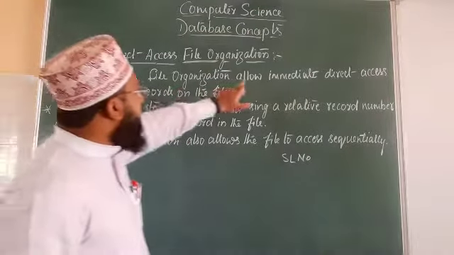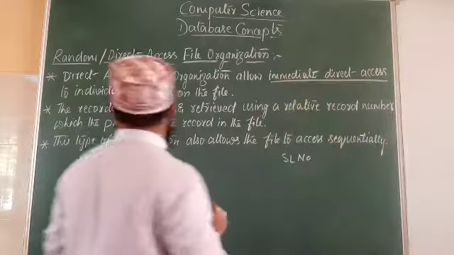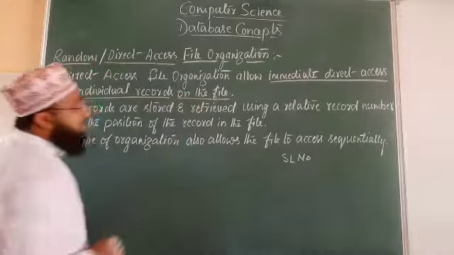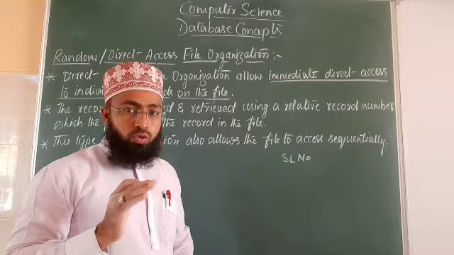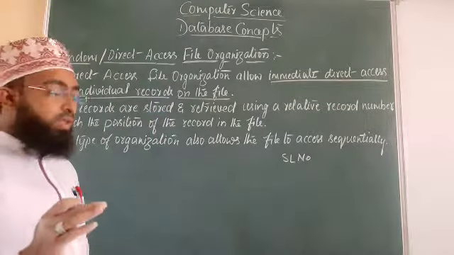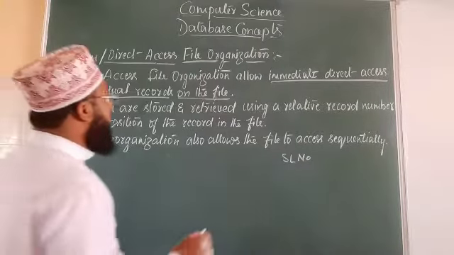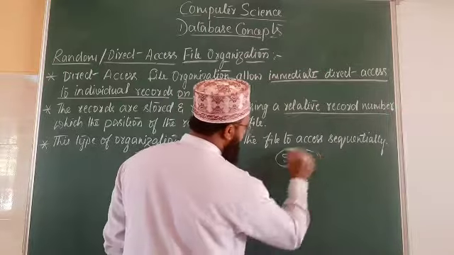Direct access file organization allows immediate direct access to individual records on a file. The records are stored and retrieved using a relative record number, which is like a serial number.